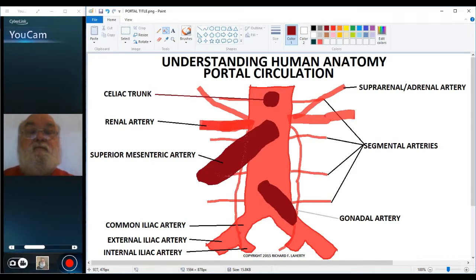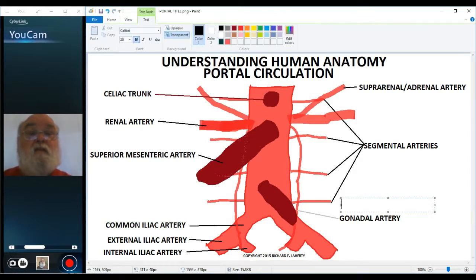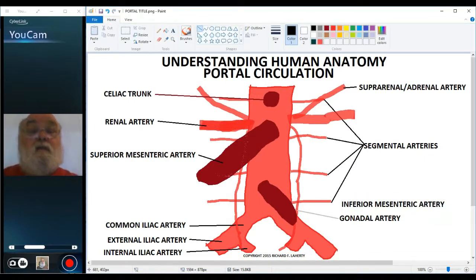So if we label this, and let me refresh this line going over to the gonadal artery.